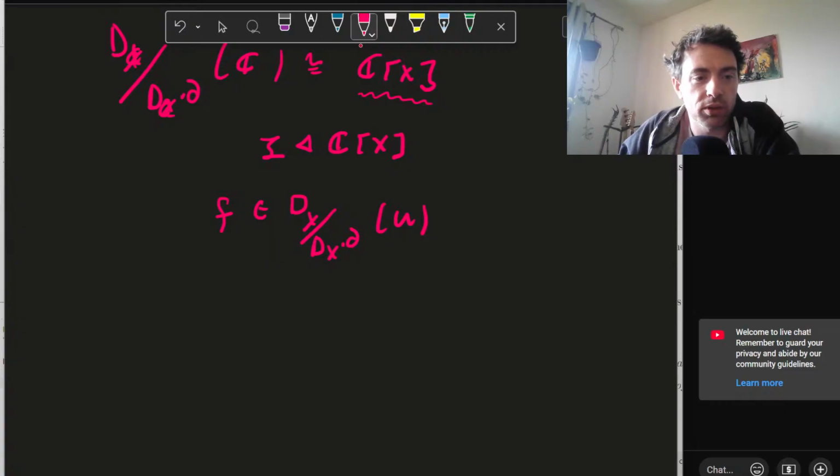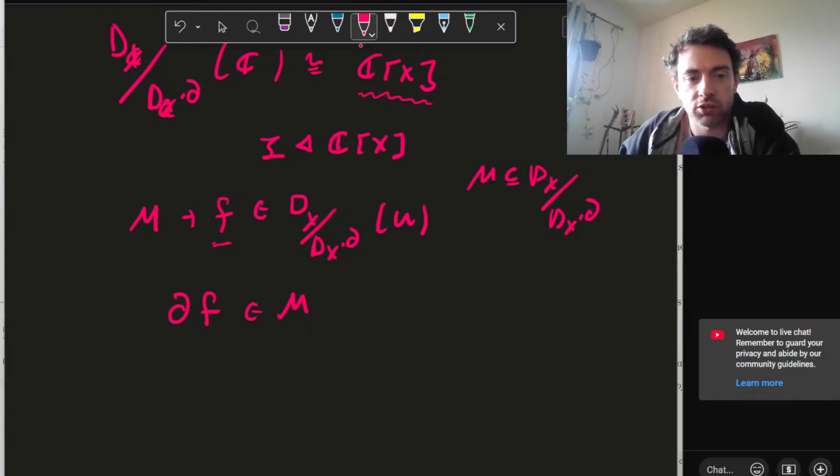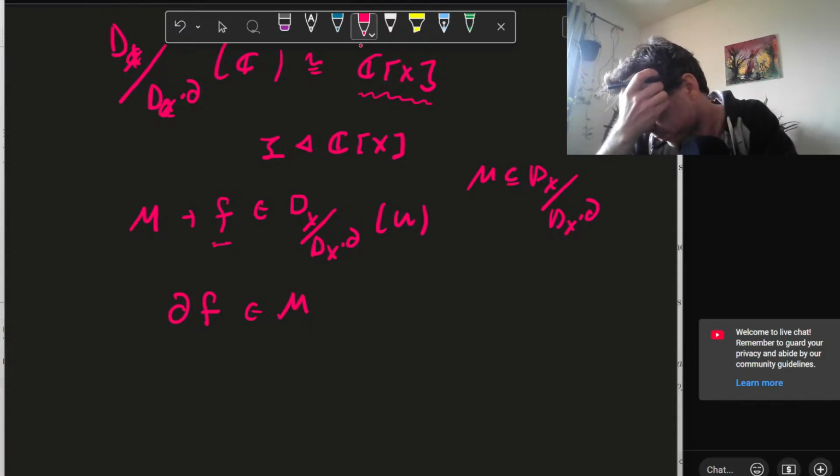Right. So anyways, the point is that if F is in there, then certainly whatever submodule we're considering, so suppose there's some sub D module M in here, and let's say F is in M, then that means that del F is in M. But in this case, del F just acts on F as the ordinary derivative.